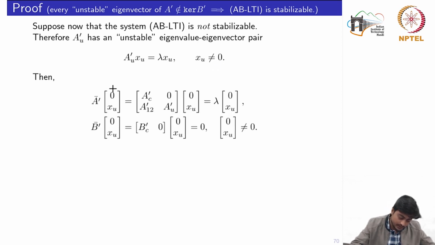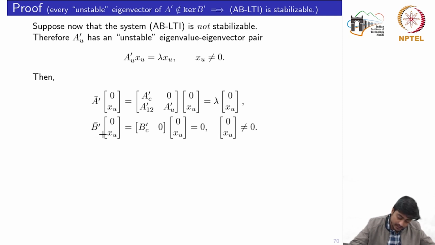Now here I have explicitly written that xc is already equal to 0 and xu is not equal to 0, that's why we are not writing xc and we are writing 0 in place of xc. This A bar transpose into x bar having xc equal to 0 is equal to the transform matrix and the transformed state, which would be nothing but equal to lambda times 0, xu.